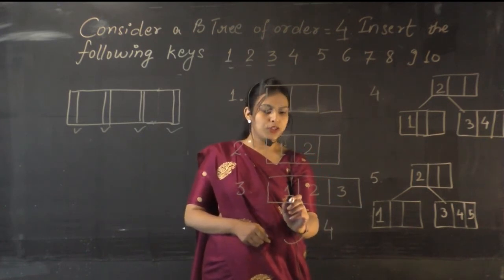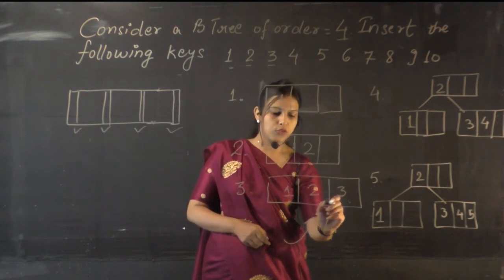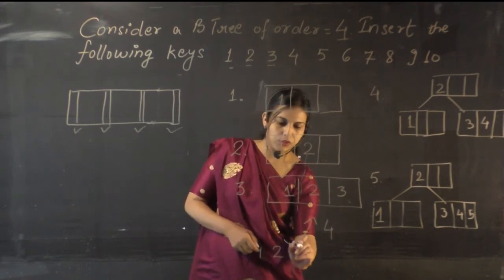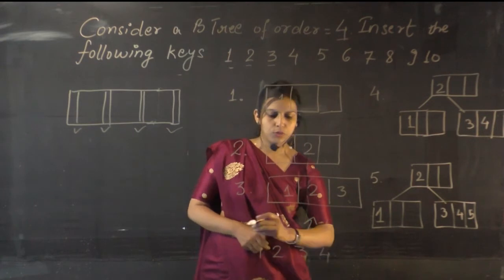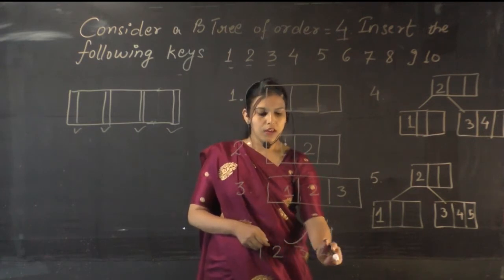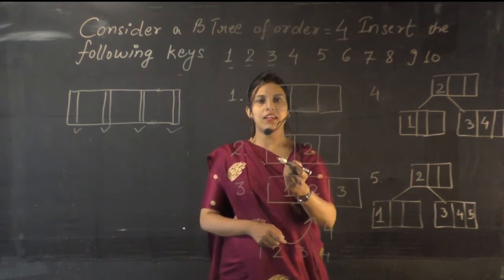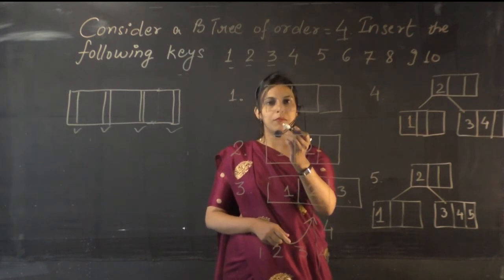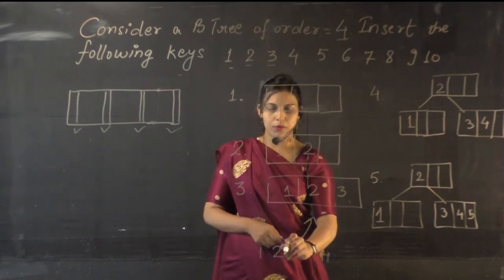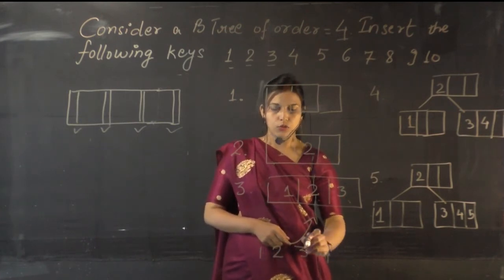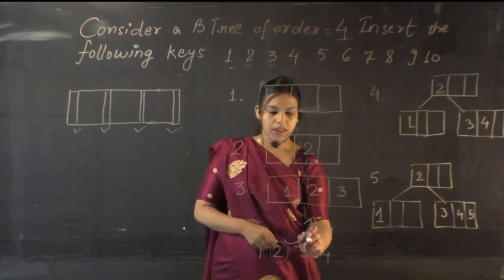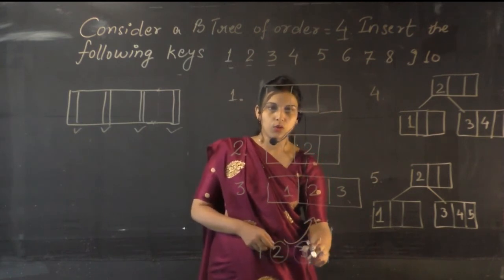We will find out the median of 1, 2, 3, 4. So the median of any array is usually the middle element. Here the number of elements is even, so the middle element can be 2 and the middle element can be 3 as well.